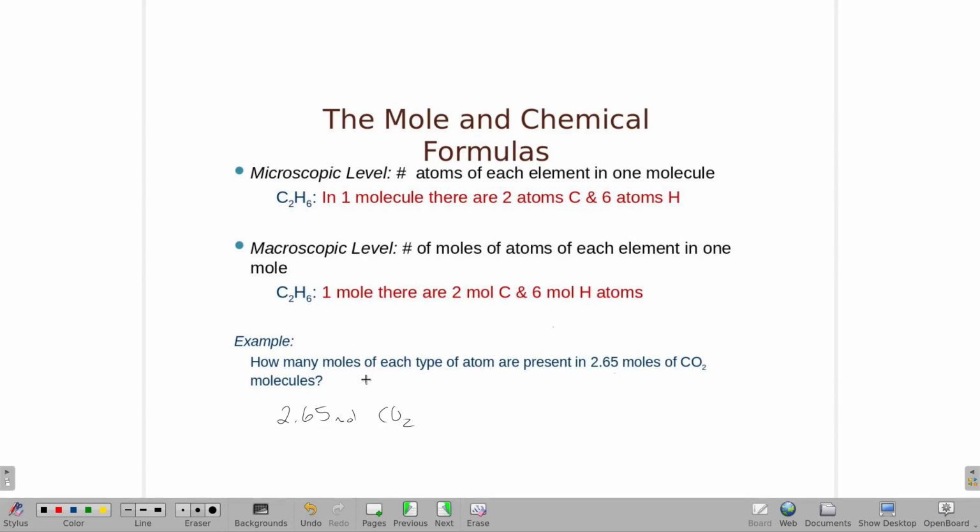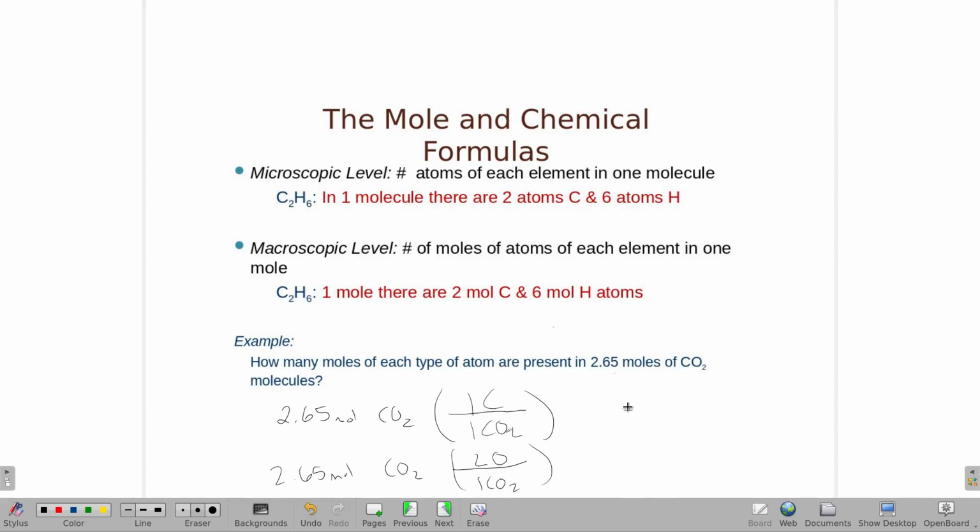So it's still just leaving it in terms of moles. So in this case, we just want to say, well, for every CO2, there is just one carbon. And we could do another one of these. And we could say for every CO2, there are 2 oxygens.